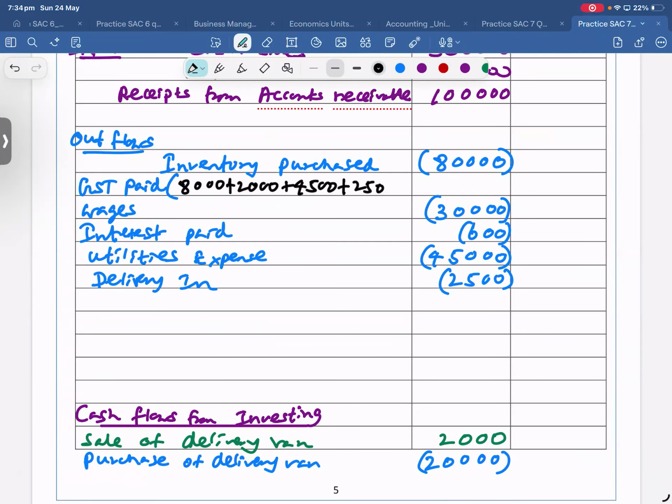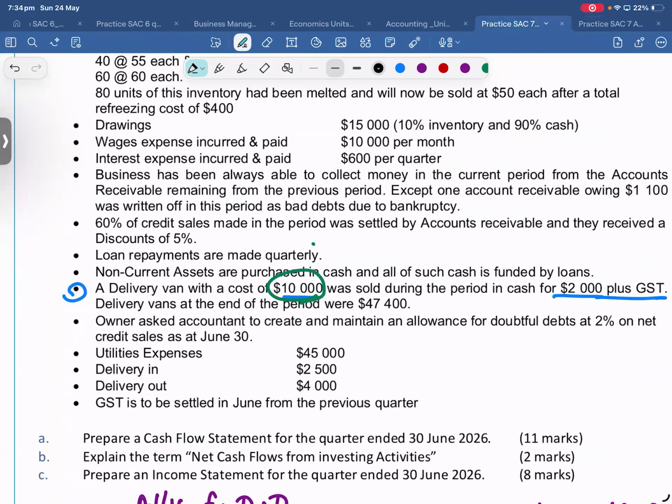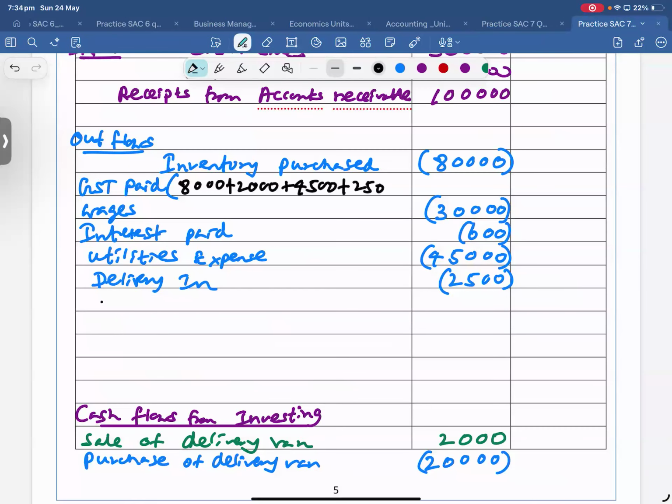Next one, guys, delivery out, 4,000. So then GST for this one, how much? 400. Is there enough space for this?